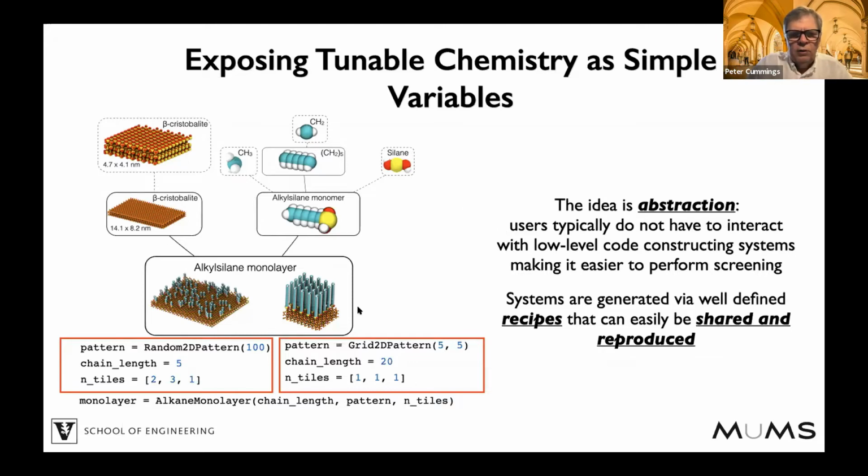If you look at these two systems down here, these alkyl-silane monolayers attached to a silica surface, to build these two different surfaces it only takes 3 lines of code in mBuild because it's relying on the fact that we have built up these components and all of these things are available within MoSDeF. You can build up these fairly complicated systems with relatively small numbers of lines of code.